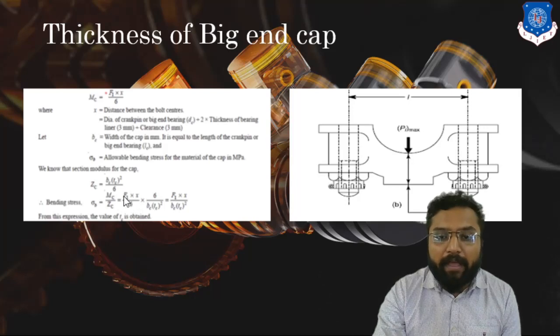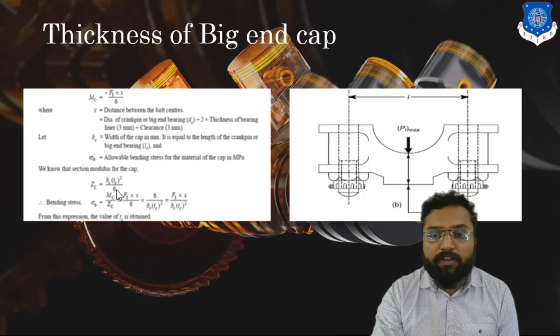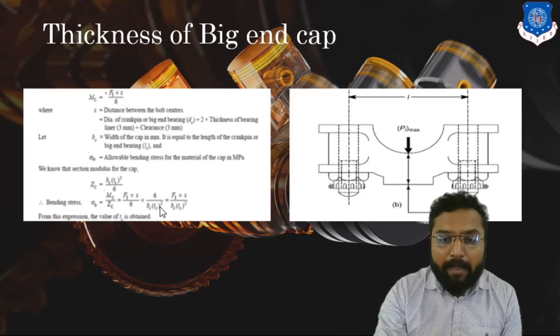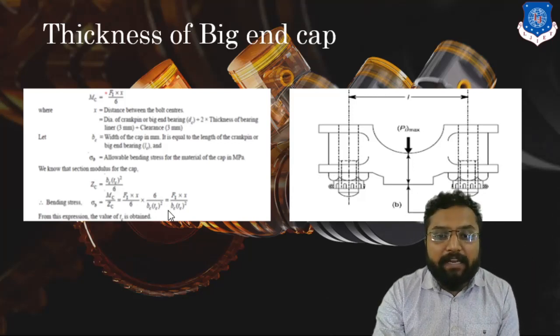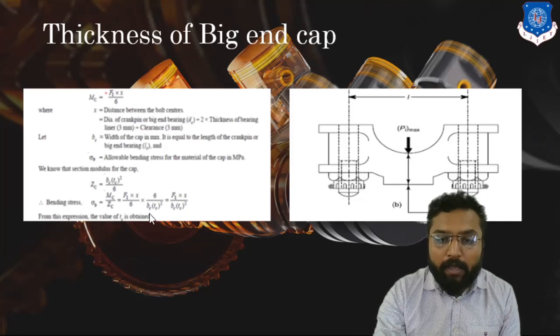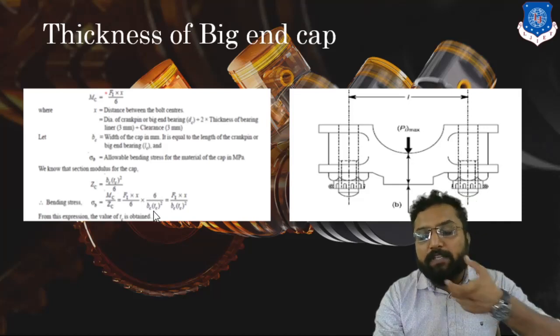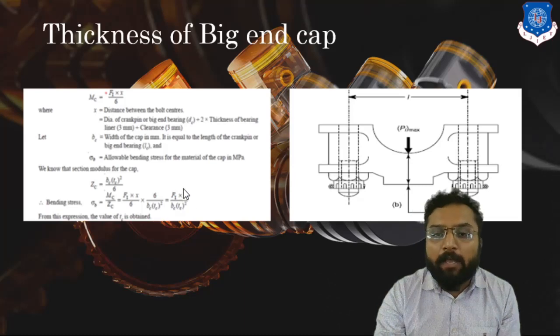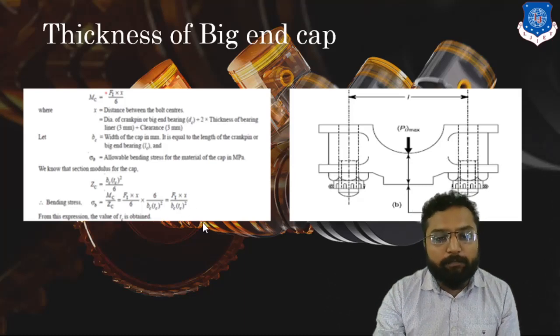Here the moment is F1 into X divided by 6, where F1 is generated by the reciprocating mass, and Z is b t square by 6, where b is the base of this big end cap and t is the thickness of the big end cap. So ultimately you can find the thickness of this big end cap.